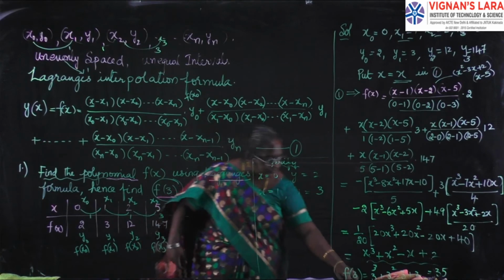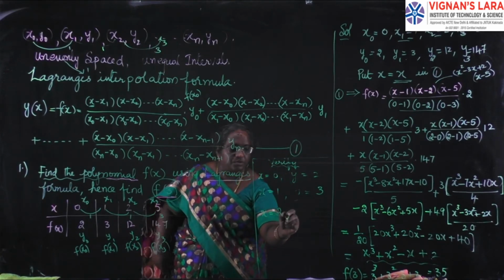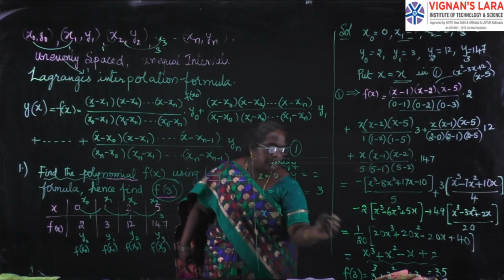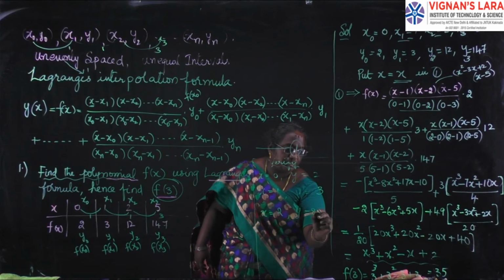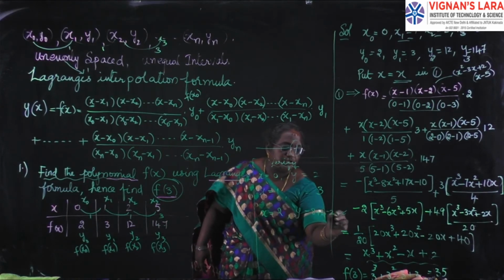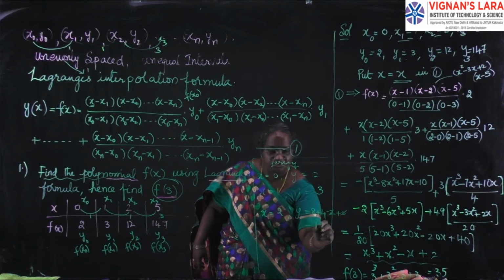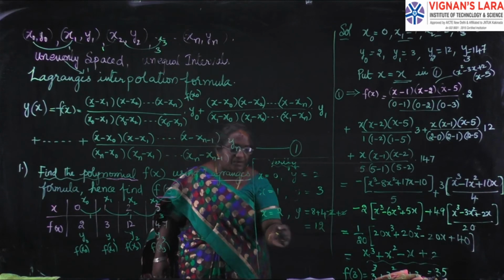Next, when x is equal to 2. So what is y? See, 2 cube is 8, plus 2 square is 4, minus 2 plus 2. So what is our answer? 8 plus 4 is 12. That is what we have here. This is the verification part. No need to ask anybody for the answer.